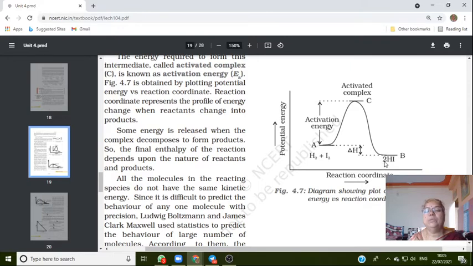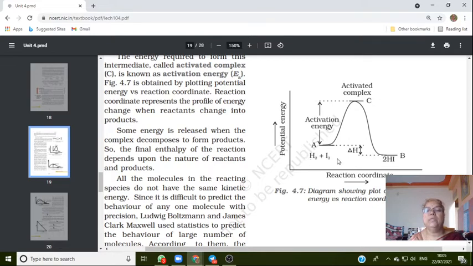and immediately the energy of the activated complex decreases, and we get the 2HI molecules. Each and every reactant has to pass this energy barrier, and this energy barrier is called activation energy, and this activation energy is gained by the reactants due to the collisions between the hydrogen molecule and iodine molecule.